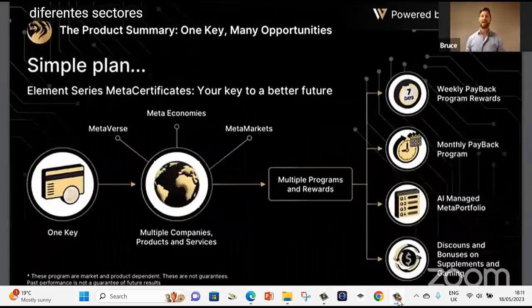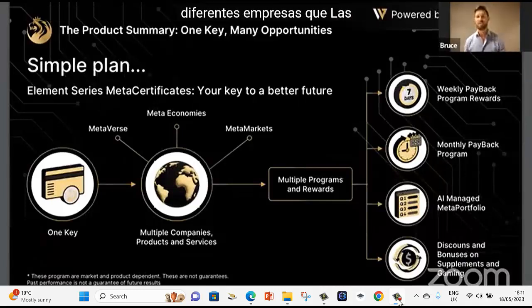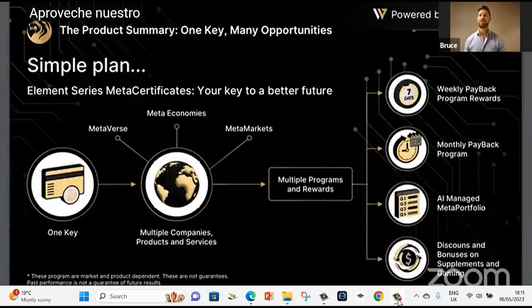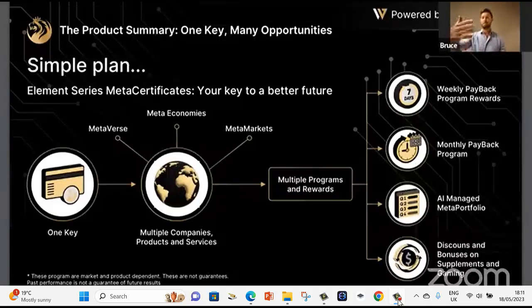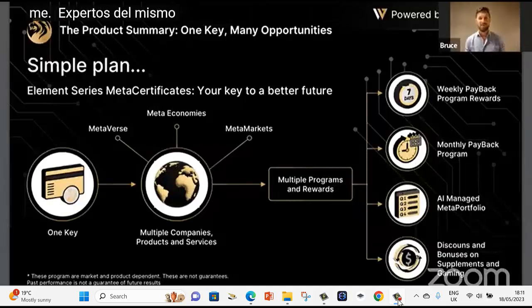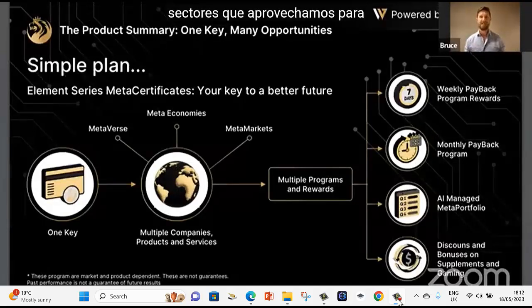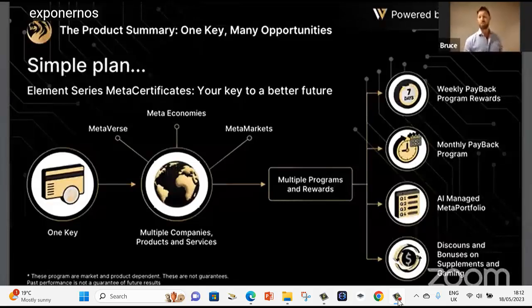So let's have a look at how we've structured the products and services to our GS Partners community. Essentially, we have one simple key, a key that unlocks exposure to different companies, different platforms, and different sectors, and allows those exposed to them to get value from the different payback programs, from the different rewards programs, in a manner that could be weekly, it could be monthly, it could be quarterly, it could be in the form of discounts or bonuses.